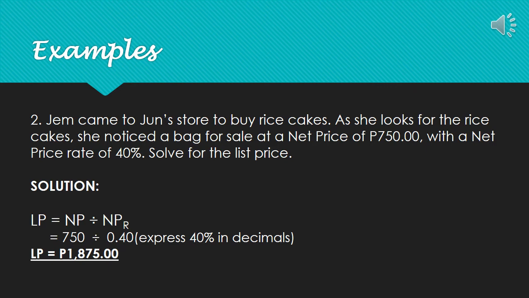So substitution, we have 750 divided by the net price rate, 40%. So just express it in decimal terms, we have 0.40. So 750 divided by 0.40 will get the value of list price, which is 1,875 pesos.